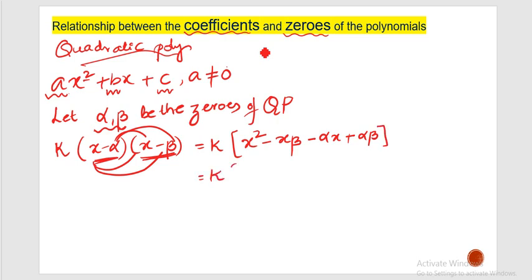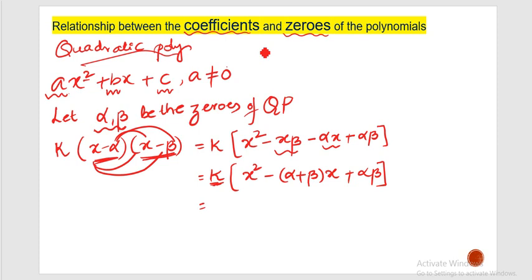This gives me k times (x square minus, from these two terms I can take minus x as common, so I am left with minus of (alpha plus beta) into x, plus alpha beta). This is the expression I get when I multiply. Why are we multiplying with the constant k?